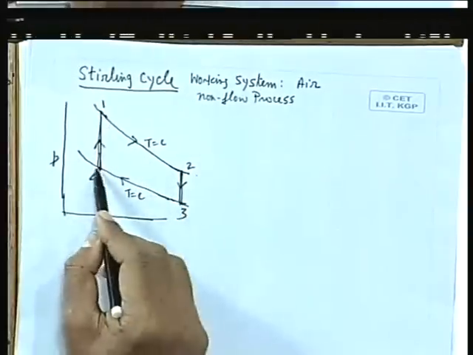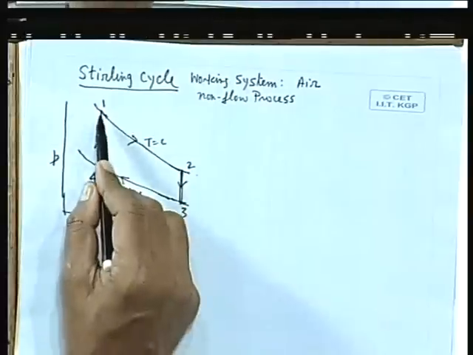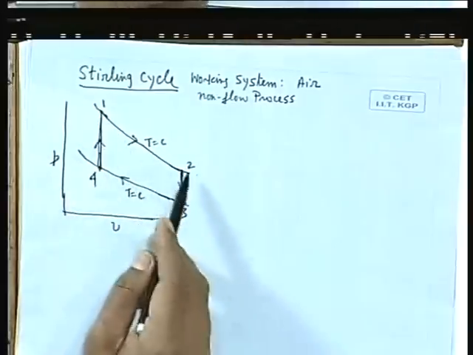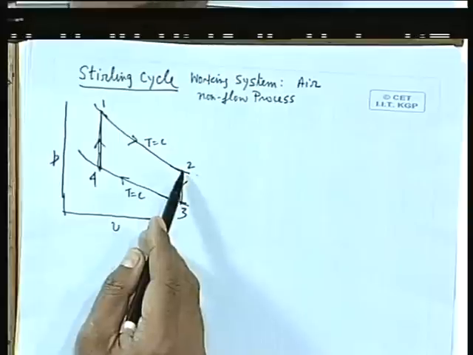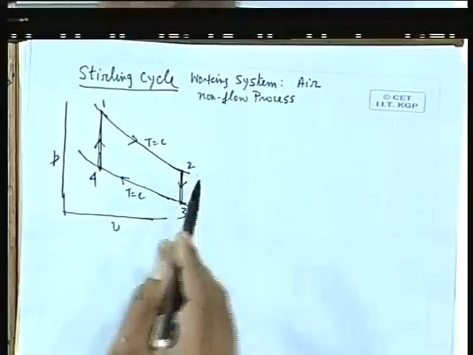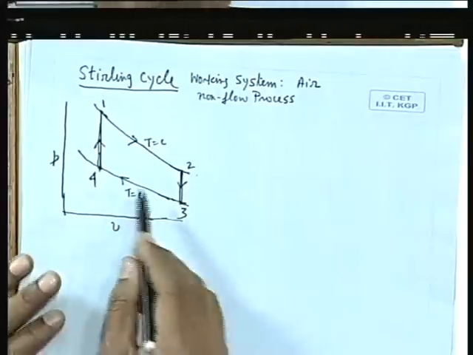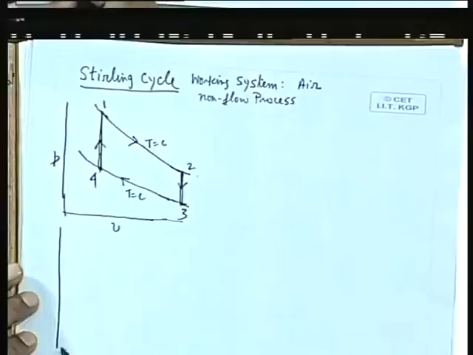So, in these two processes 3-4 and 4-1 the pressure is increased. In process 1-2 the volume is increased and pressure is decreased, and in process 2-3 volume remains constant but pressure is decreased. So, these four processes constitute the Stirling cycle.